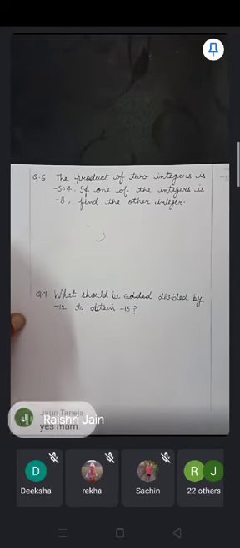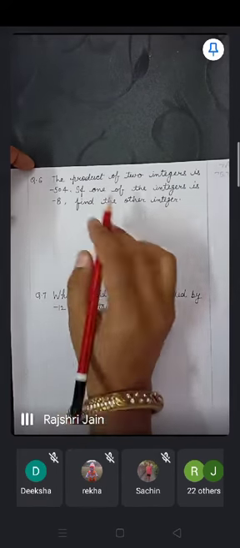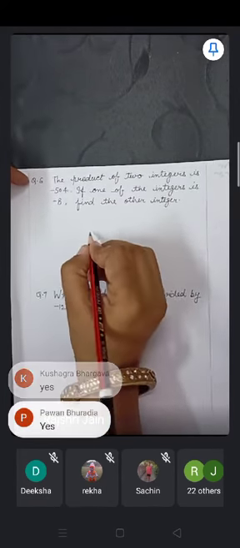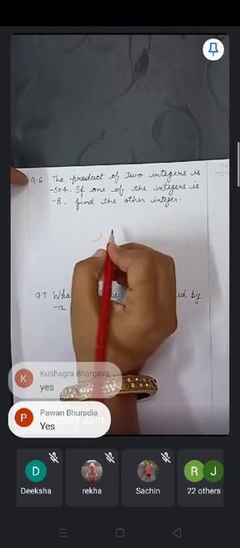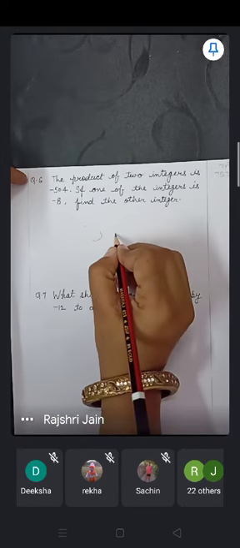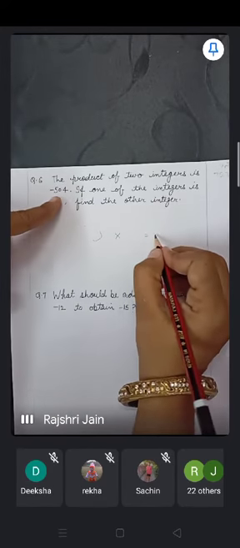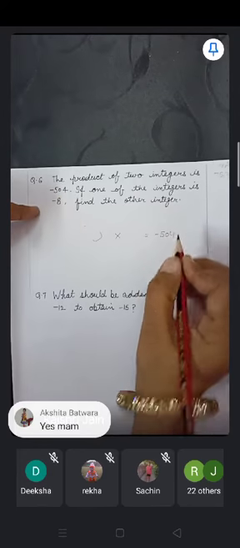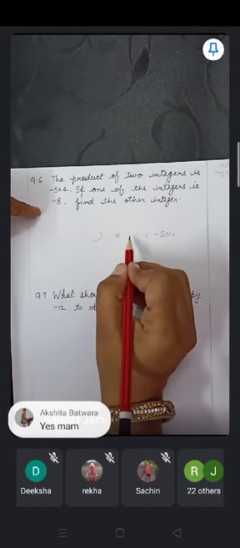Now move to question number 6. The product of two integers is -504. Product means multiplication. So the multiplication of two integers is given as -504. I will write the first integer here and the second integer here.